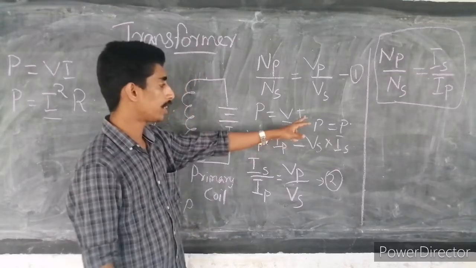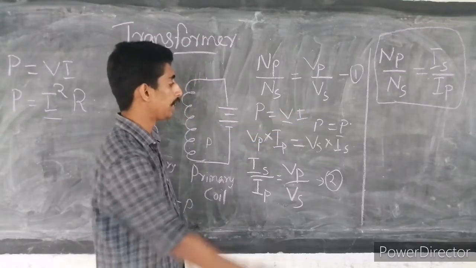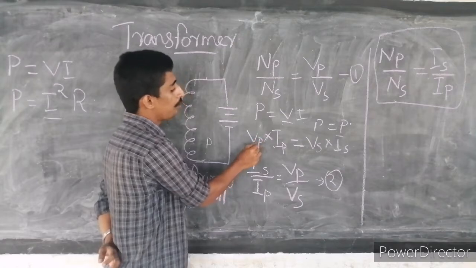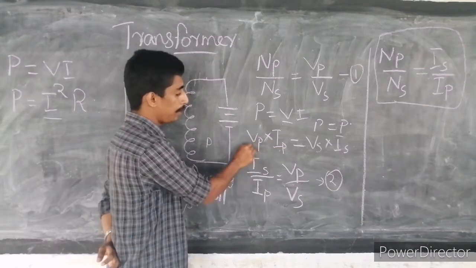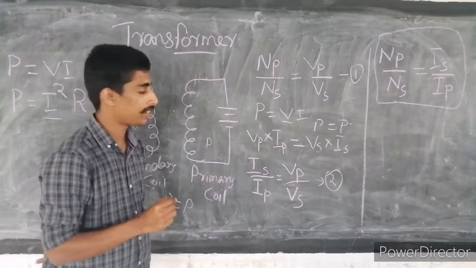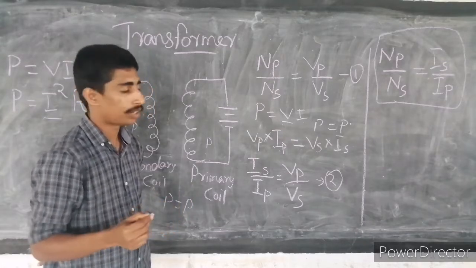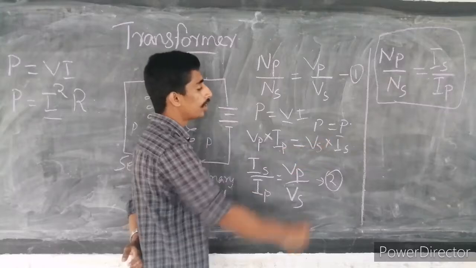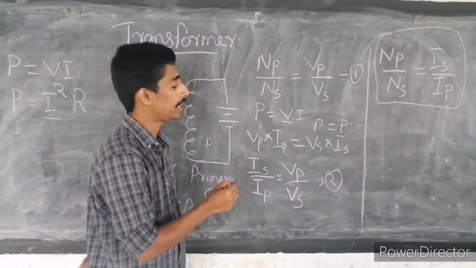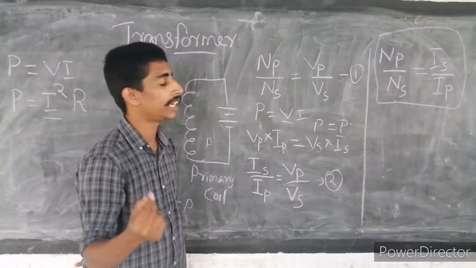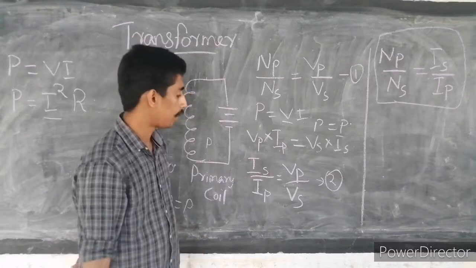Then what is the equation of power? VI. So we can write Vp into Ip, the potential difference in the primary coil into the electric current in the primary coil, is equal to Vs into Is, the EMF of the secondary coil into the electric current of the secondary coil.